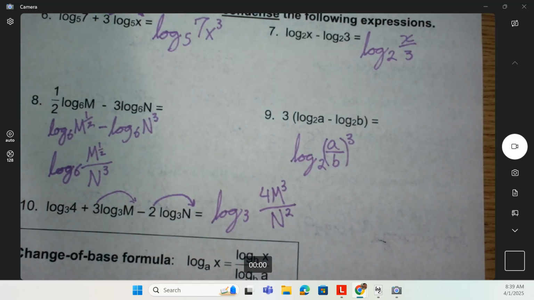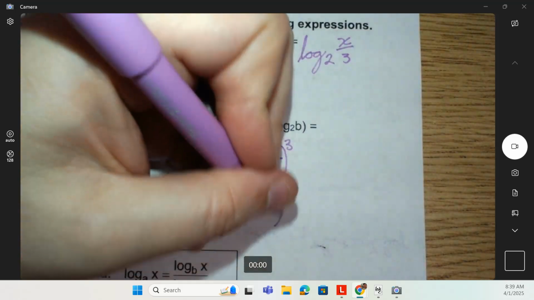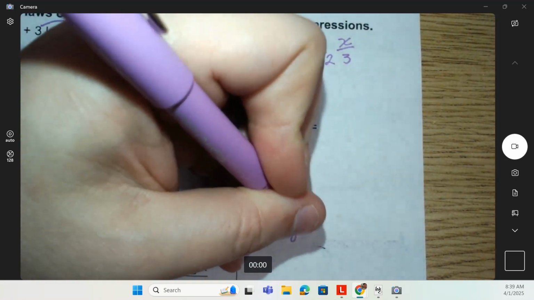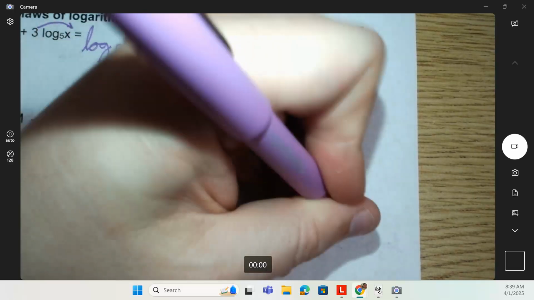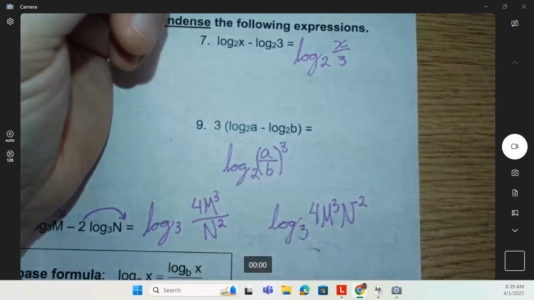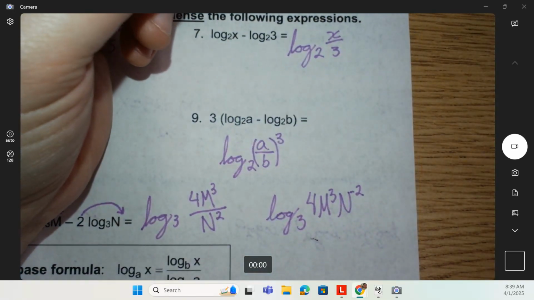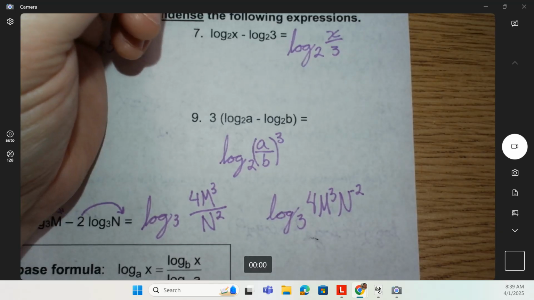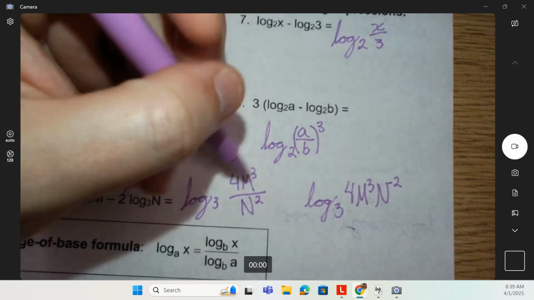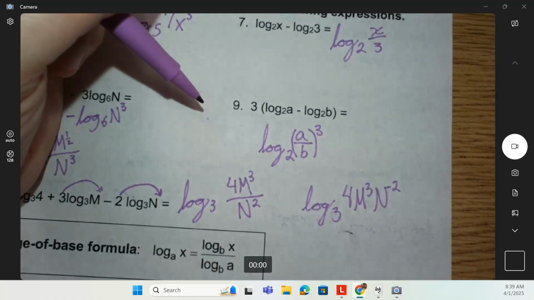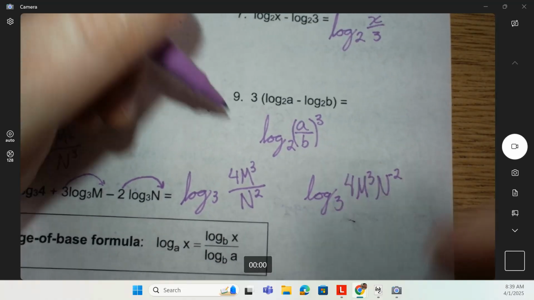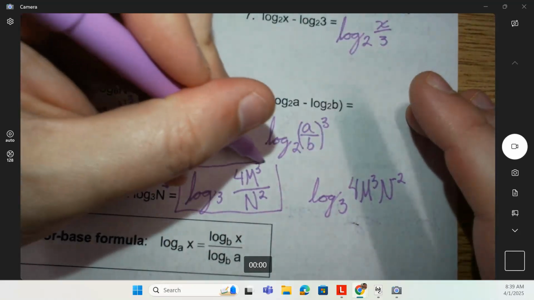That would be our whole answer. So it could be written as log 3 of 4m to the third power n to the negative 2 power, which technically does work. Just formatting wise, it's a little better, a little more easily recognizable when you have it that way. So really we'll stick with that one there.